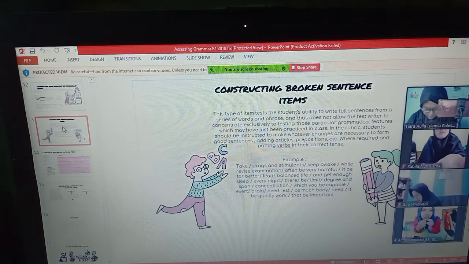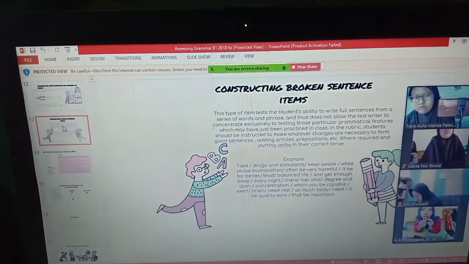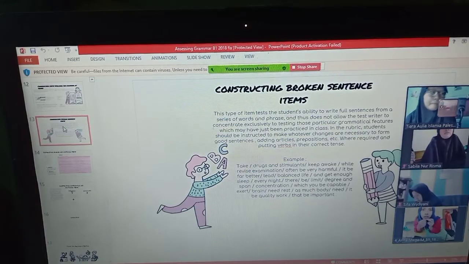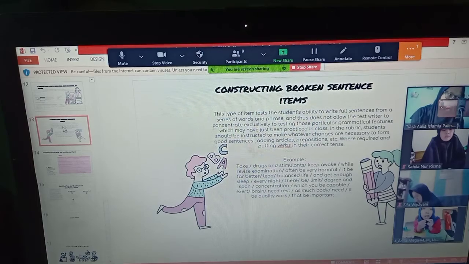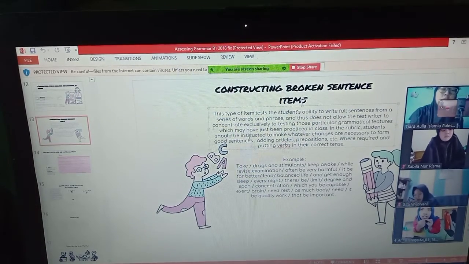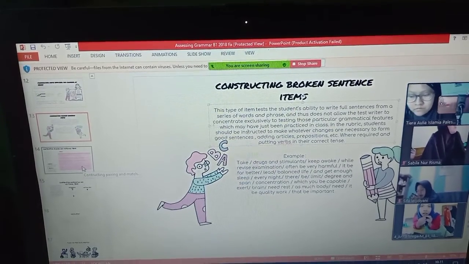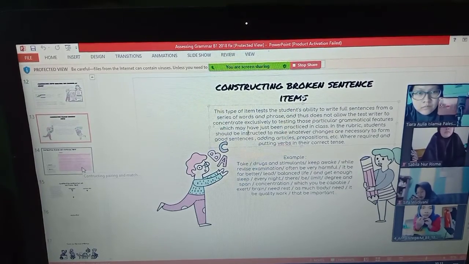concentrate exclusively on testing those particular grammatical features which may have just been practiced in the class. In the rubric, students should be instructed to make whatever changes are necessary to form good sentences, adding article, preposition, etc. where required and choosing verbs in their correct tense.